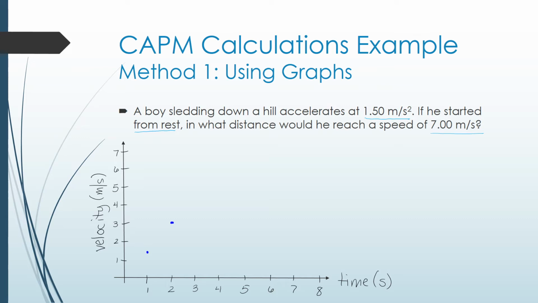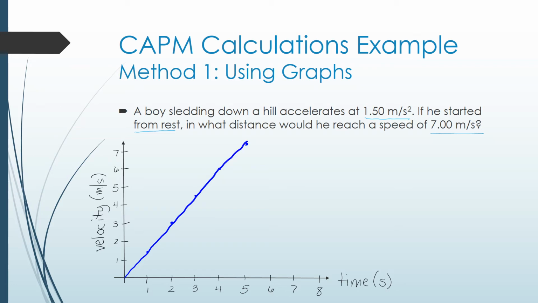Notice I'm just adding 1.5 for each second. At 3 seconds, it would be going 4.5. At 4 seconds, it would be going 6. And at 5 seconds, it would be going 7.5. Okay, so if I draw my line here, it goes something like that.